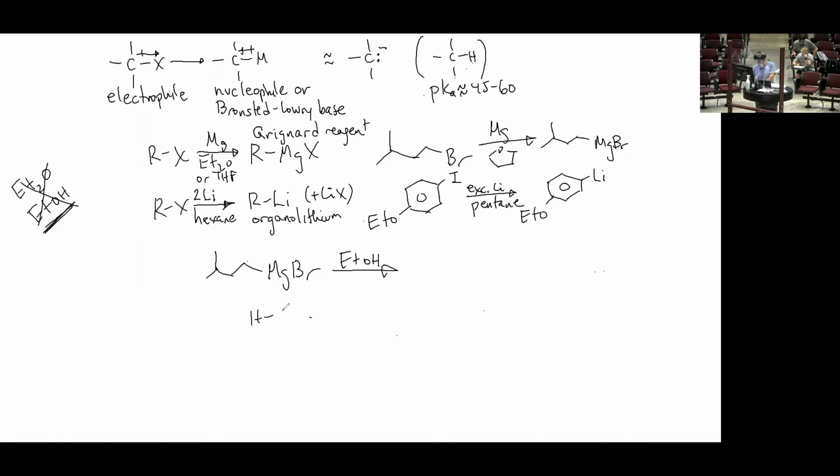That one we certainly know. But what will happen is the electrons in the carbon-metal bond will swing away from the metal, remain attached to the carbon, and pick up the proton from the protic solvent. So it's just an acid-base reaction. We've done reactions like that quite a lot so far.